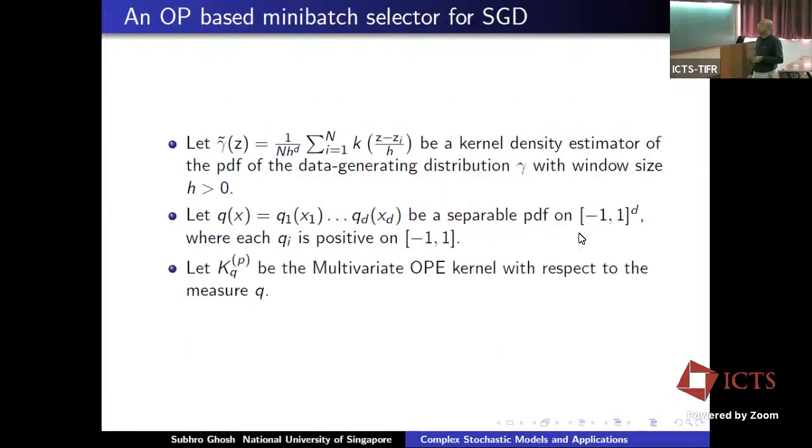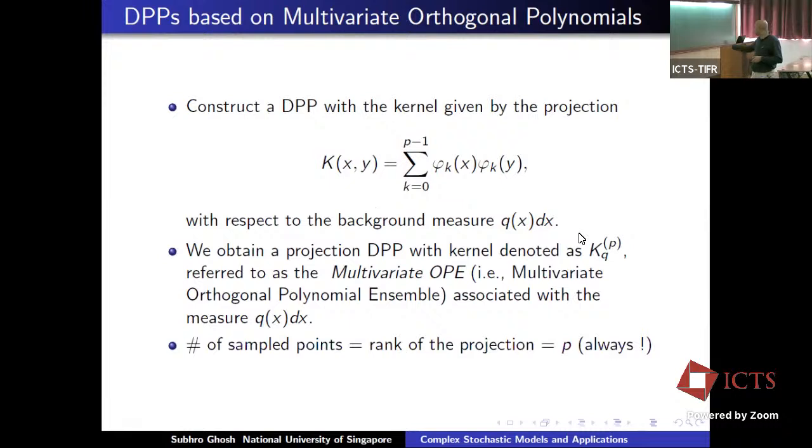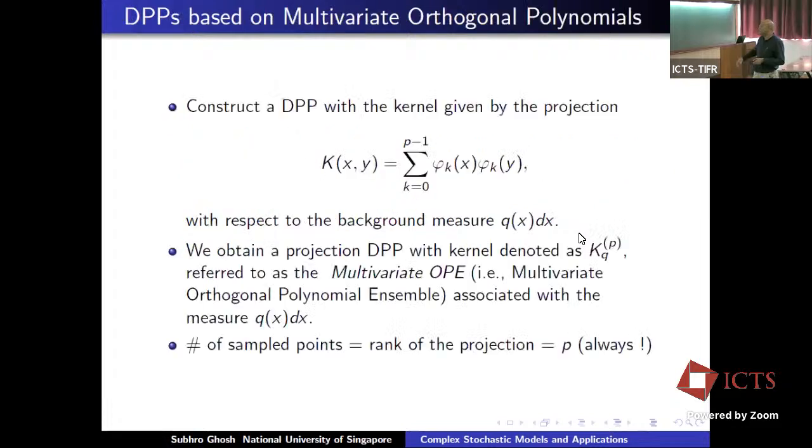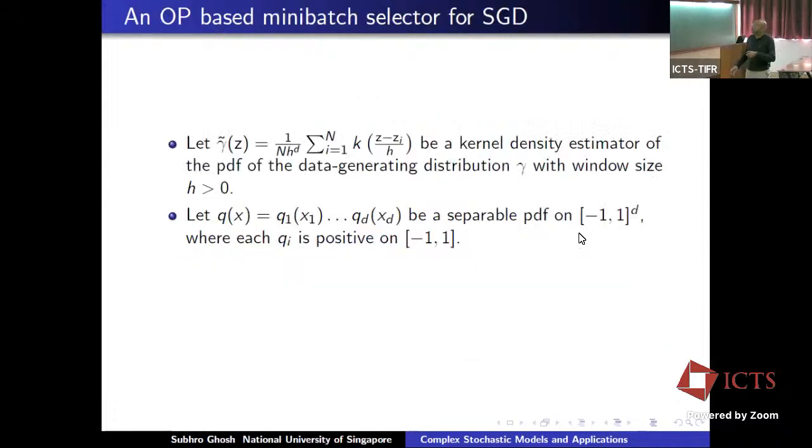So let us try to mitigate these problems which I mentioned. The first thing to do is, suppose we are given a large number of data points. Using that, we can form an approximation of the population distribution from which the data are coming, using some kernel density estimator or something like that.